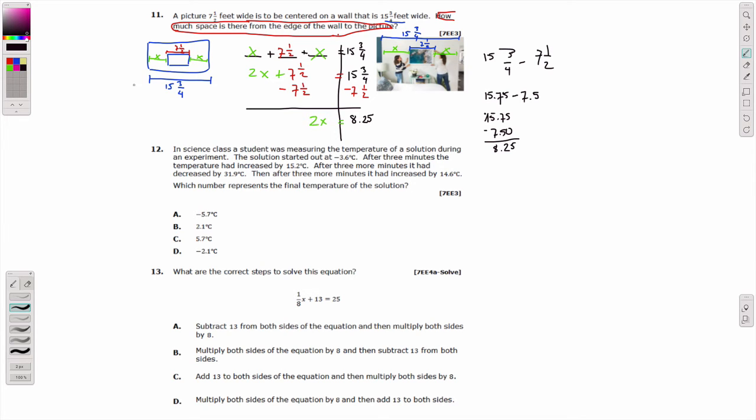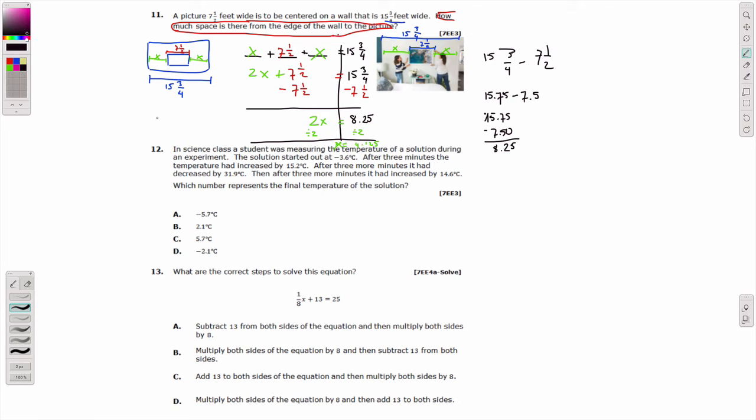But I want to know what 1x is, so I have to make 1. I make 1 by dividing by 2. Divide by 2. So now I know what 1x is. My last equation, I know that 1x is equal to 4.125, or 4 1/8.